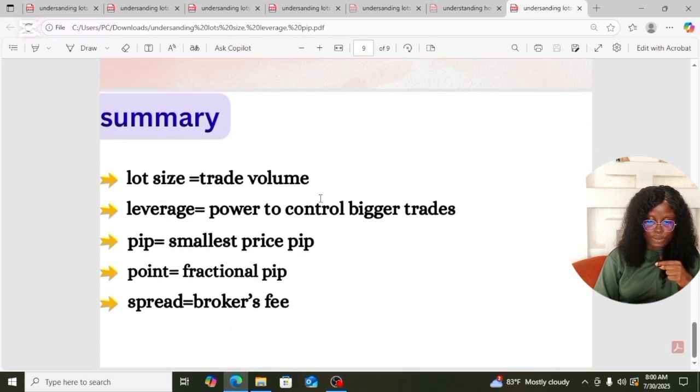The last but not the least, this is just a summary of everything in this video. Lot size is also known as your volume, the volume you are trading with. If you're using a standard lot, you are risking more and you're supposed to use a bigger capital.